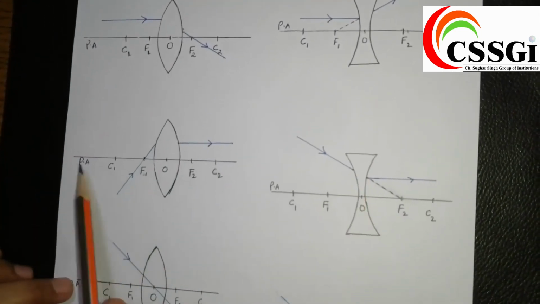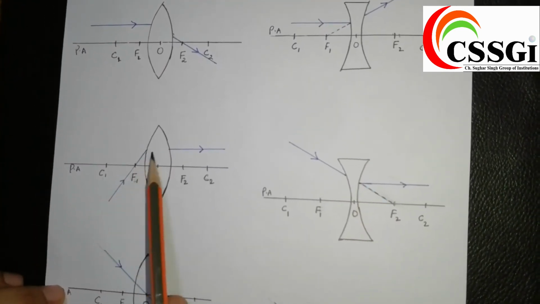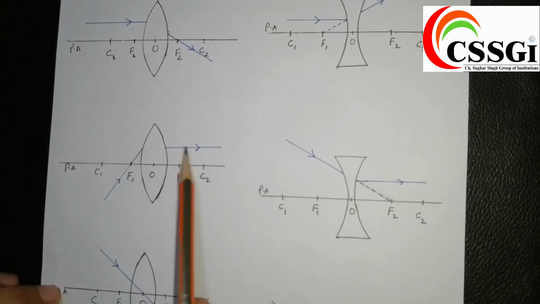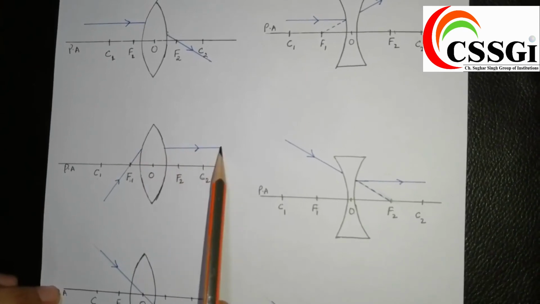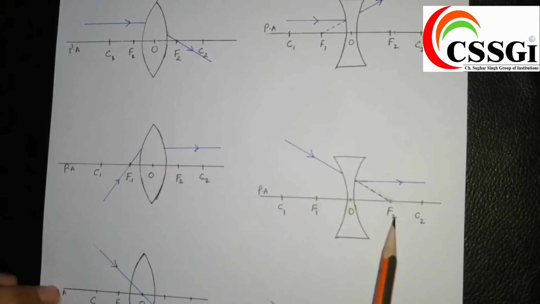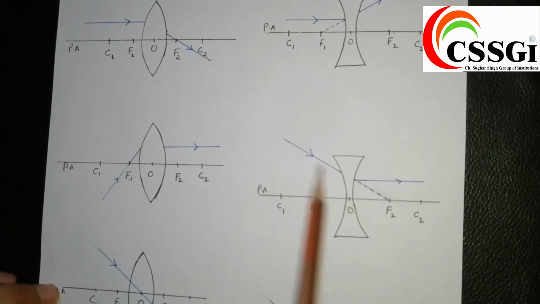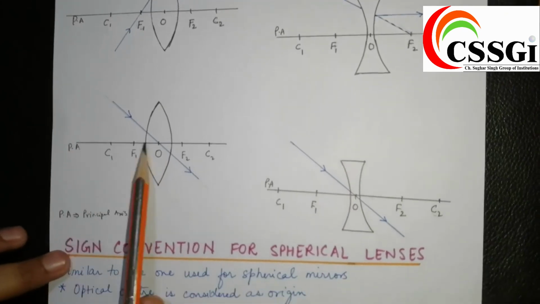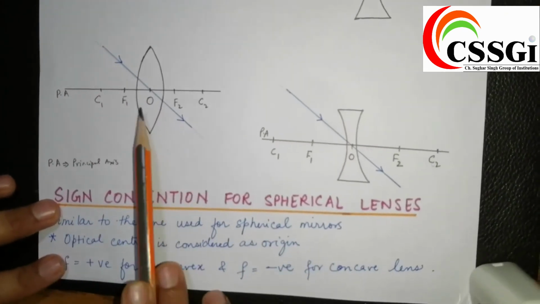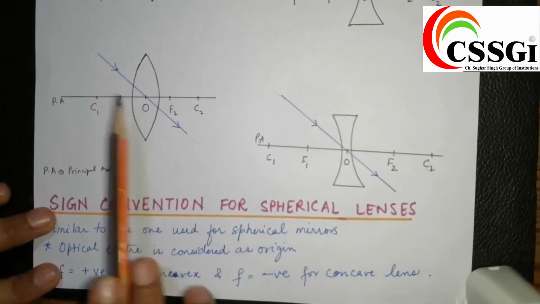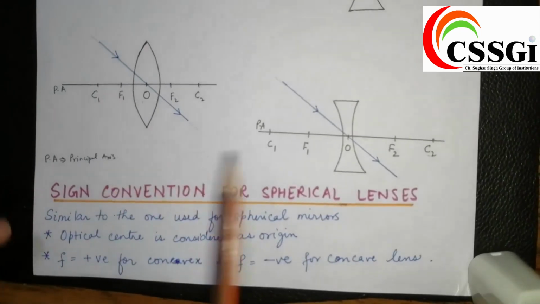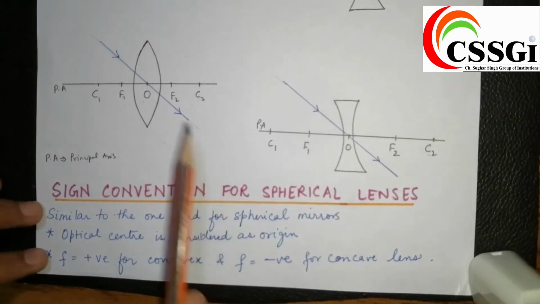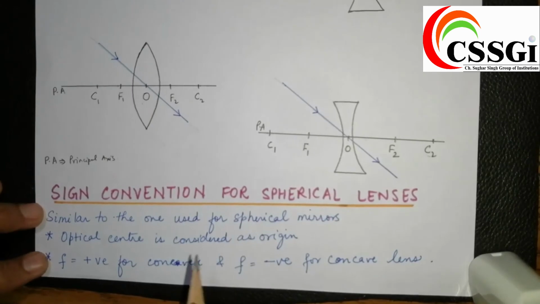Similarly, when the ray passes through the focus, after refraction it goes parallel to the principal axis. Similarly, in this figure you can understand. Now, important point: when the ray passes through the optical center, this is a very unique point, then no refraction takes place at all. So optical center is a very special point in the lens.